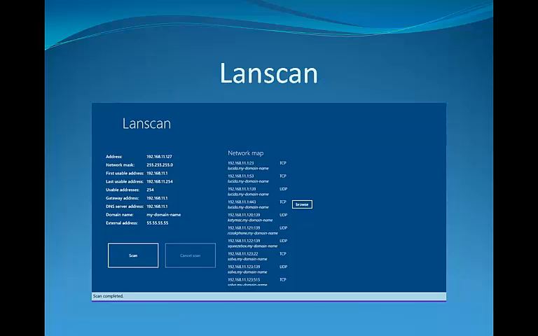As we step over to the next screen, you see an actual screenshot of LandScan, and on the left you see the address of the actual computer that this was run from, the network mask, the first usable and last usable IP addresses in the range, the number of usable addresses, gateway address, DNS server address, domain name, and external address.